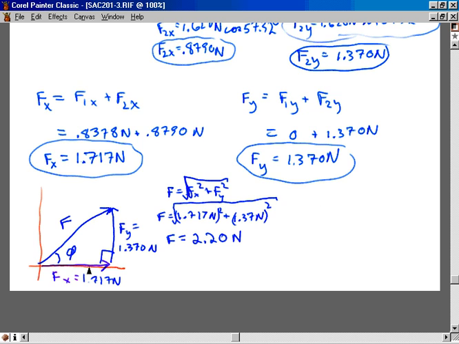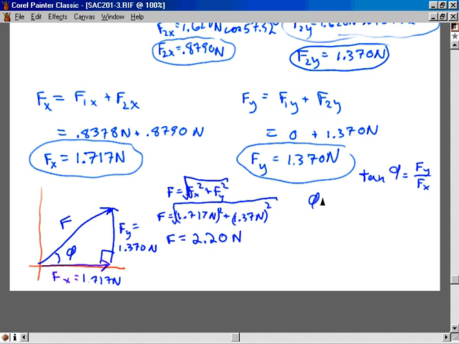And then for the angle, let's see, the tangent of phi would be opposite over adjacent. So tangent of phi equals Fy over Fx.